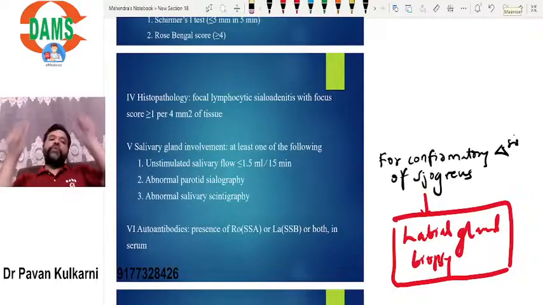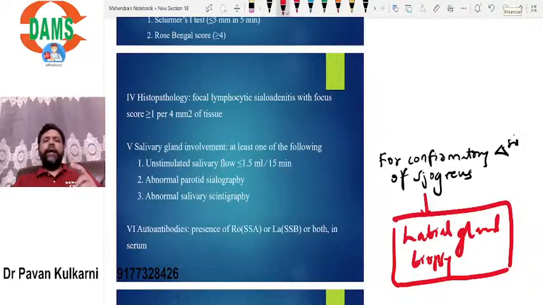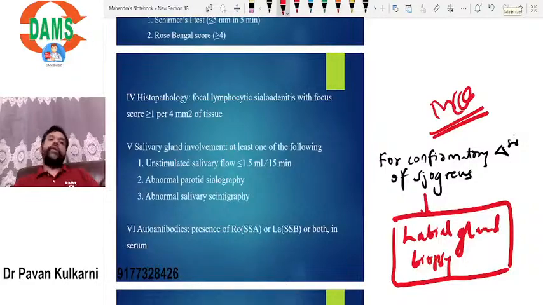One foci is equal to 50 lymphocytes basically. So you take the 4 mm square area and you check how many foci are there. So that is called a labial gland biopsy. So remember, again, this is an important MCQ. What is the most confirmatory diagnosis for Sjogren's syndrome?